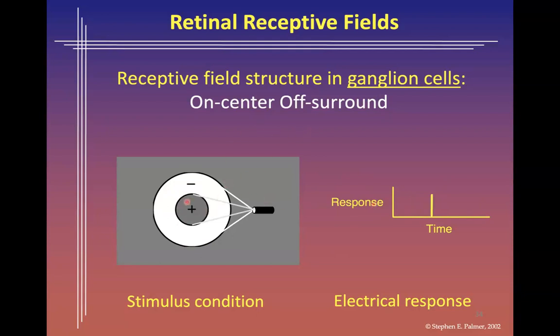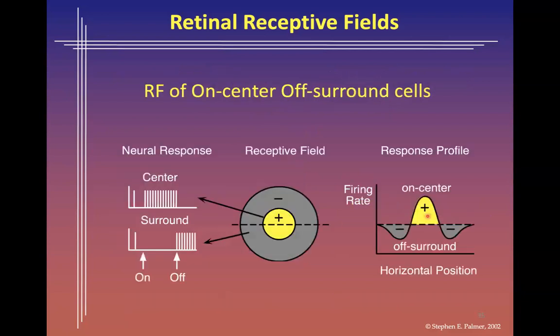There's nothing reaching here, very minimal, and so there's only one. So this is an example of how the light falling on this area of the receptive field is canceled out when it's falling on the off-surround, on-center cells.